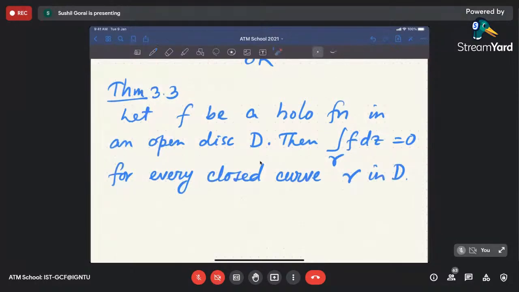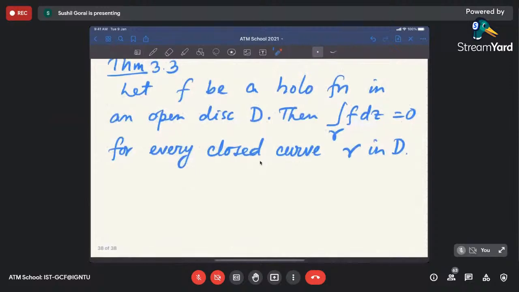Previously gamma was just the boundary of the rectangles. Now it says that any closed curve works. So when there is a statement like this, for any closed curve the integral is 0, you need a primitive. That is how to start.